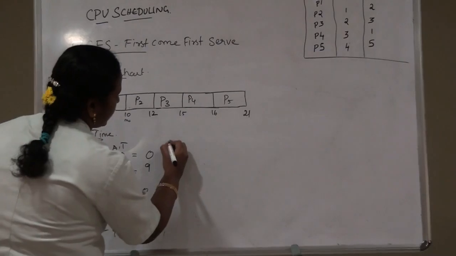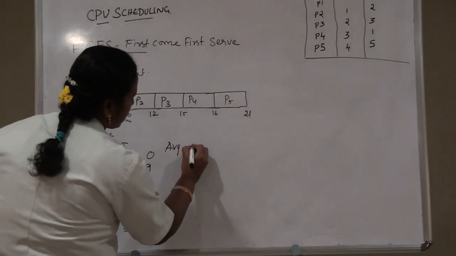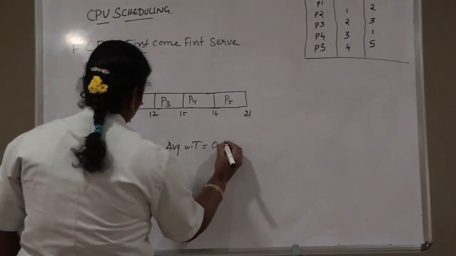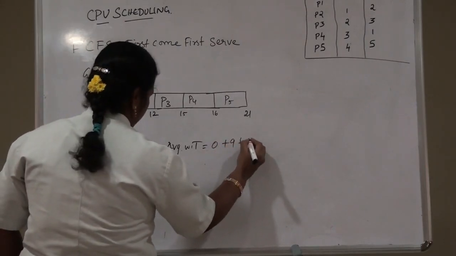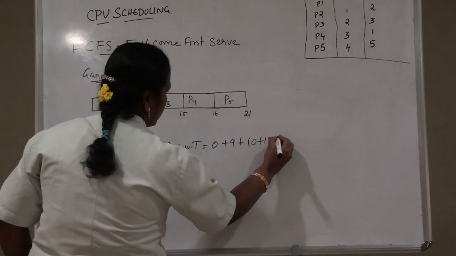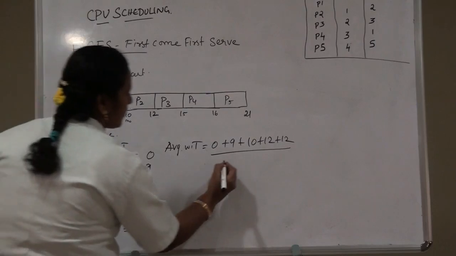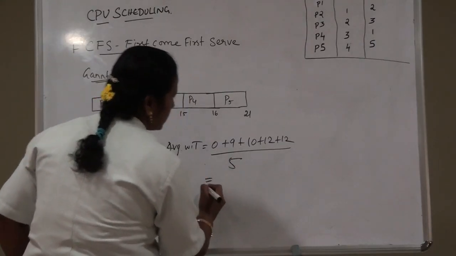Now we have to find the average waiting time. So what is the average waiting time? 0 plus 9 plus 10 plus 12 plus 12, divided by the total of 5 processes.